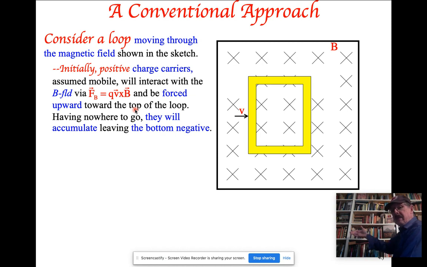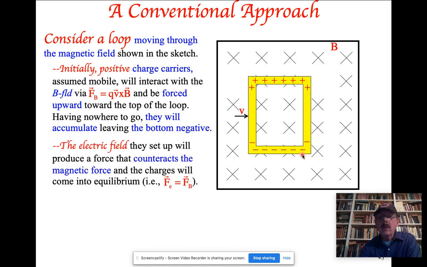The magnetic field is into the board. Your thumb points up, which means positive charge is going to tend to be pushed this way in the wire. So it's going to get pushed upward, like so, along this line and along this line. And in doing so, you're going to get an accumulation of positive charge along this line and an accumulation of negative charge along this line. You're going to get a polarization.